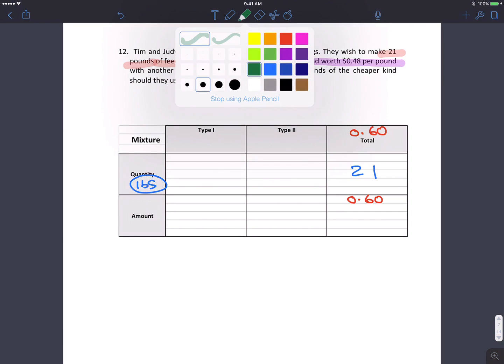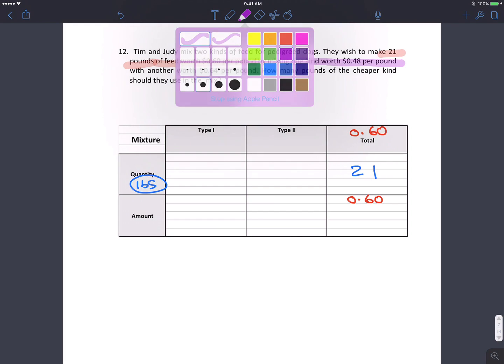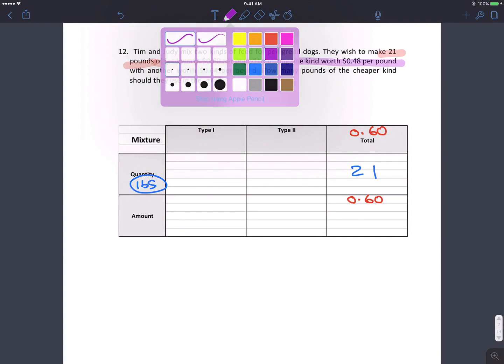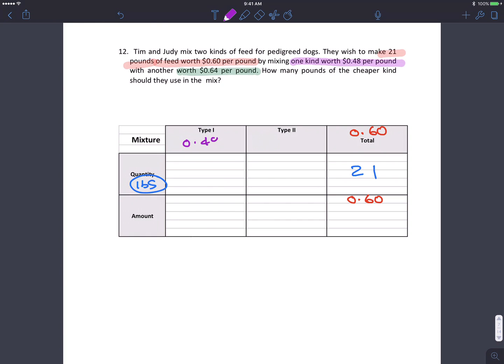So here's what I want to propose to you. You're going to let the quantity for this 48 cents per pound type be X, since they didn't tell us the quantity. Compare that to the 64 cents per pound.